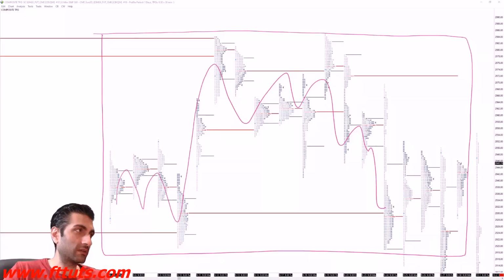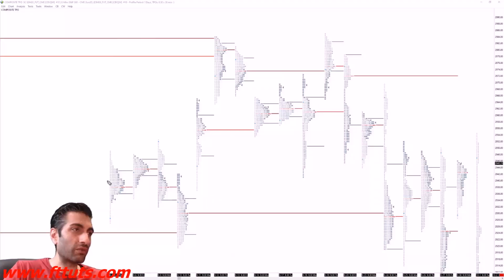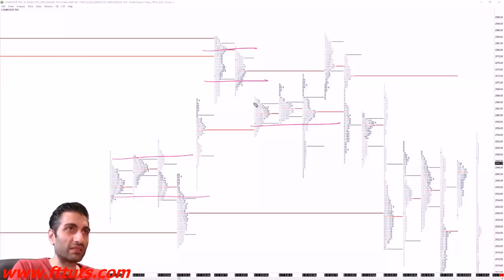Let me do that again. So you can see, if you were an intraday player, you'd probably have balance here, then you'd have balance here, a couple days, you'd have balance here, 3 days, then you might merge this whole area here, and then you'd have some balance here, right?